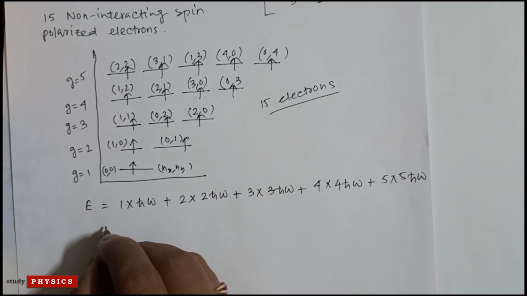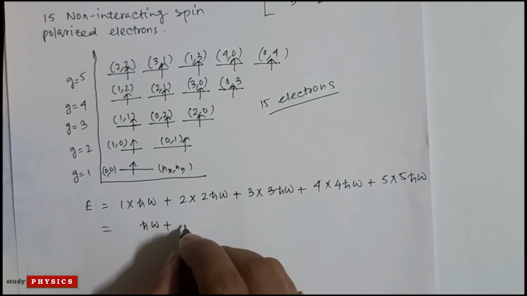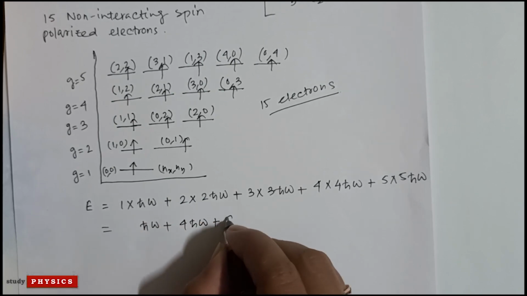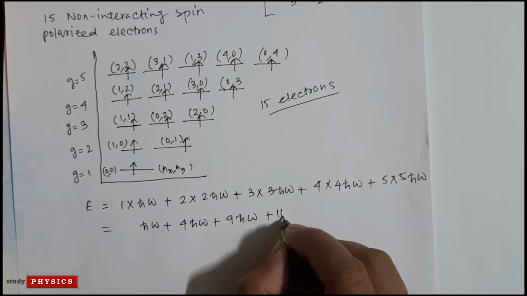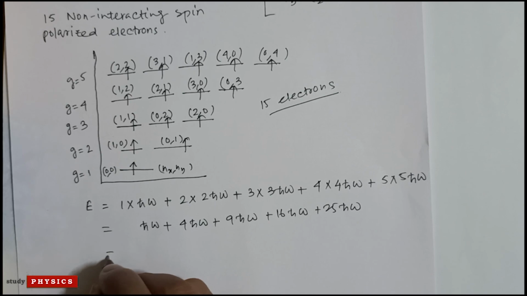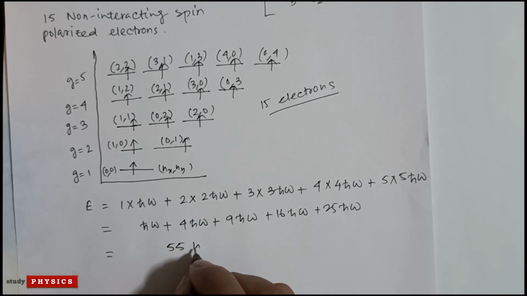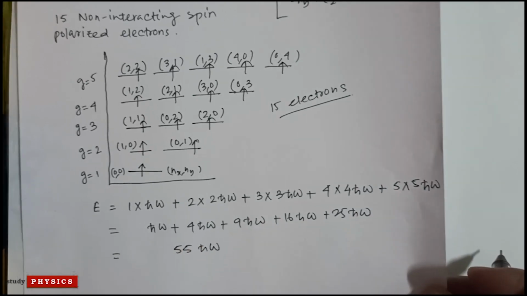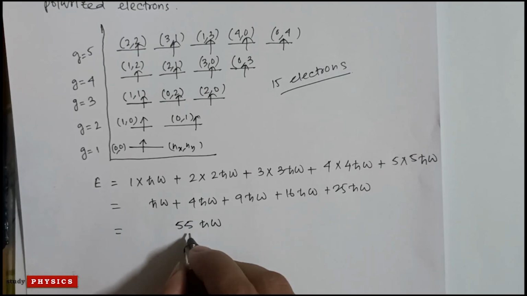So h cut omega plus 4 h cut omega plus 9 h cut omega plus 16 h cut omega plus 25 h cut omega, which is 55 h cut omega. So the answer is 55.